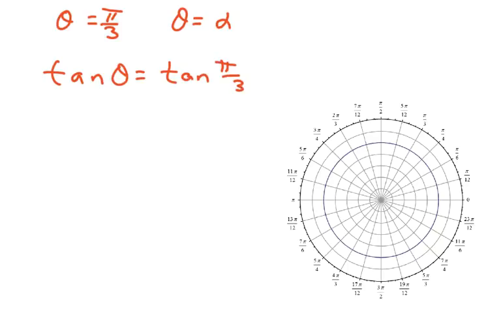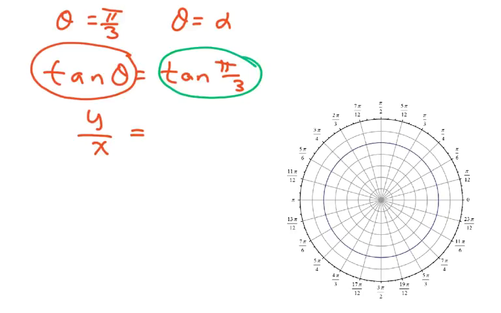I know that tan of theta equals y over x, and I also know that tan of pi over 3 is the square root of 3. So when I rewrite this, I'm going to get y equals square root of 3 times x.